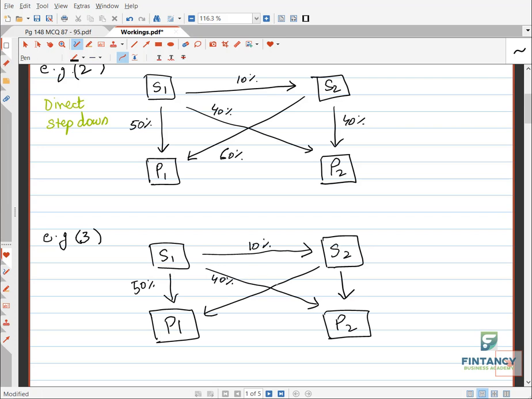Same, right? Like before. And then I am saying that 40% here, right? 60 was going to P1, remember? And now I am making that 40%. Instead of 60, I am making that 40%.